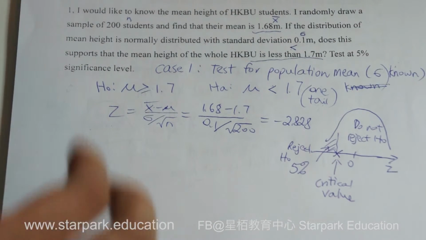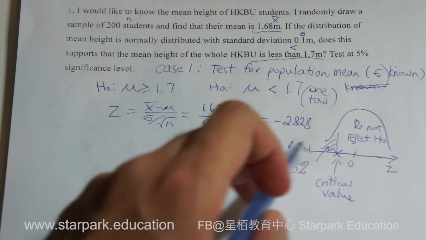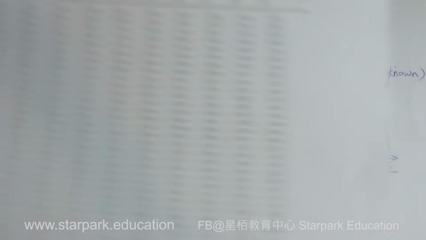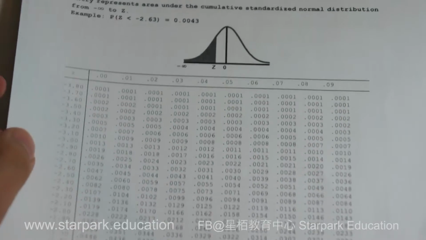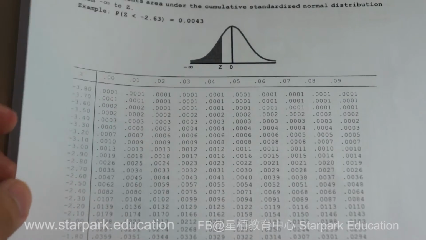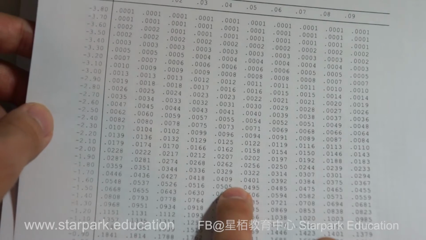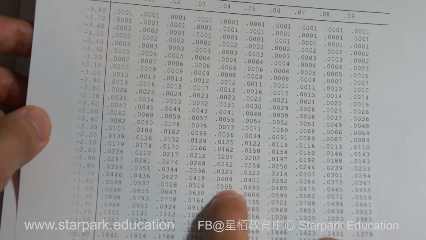Okay, so go to the Z table. The left hand side for this point is 5%. So go to the Z table, and then we can see that the closest number to 0.05 is somewhere between these two numbers.